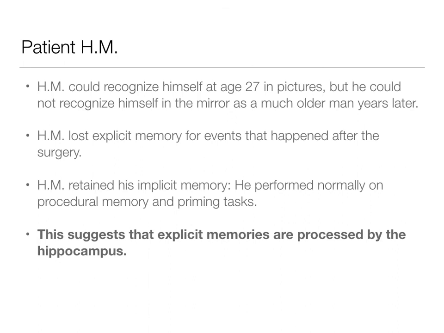We're not talking about retrieval. We're talking about encoding. The hippocampus is playing a really big role in processing these explicit memories. And what it also told us was that implicit memories are processed somewhere else in the brain, that they're not affected by the hippocampus the way that explicit memories are.